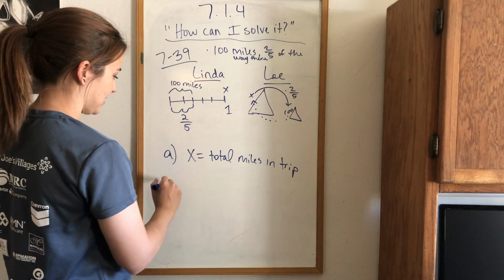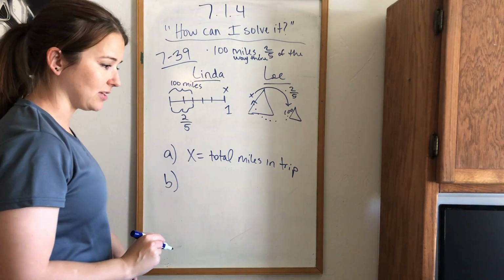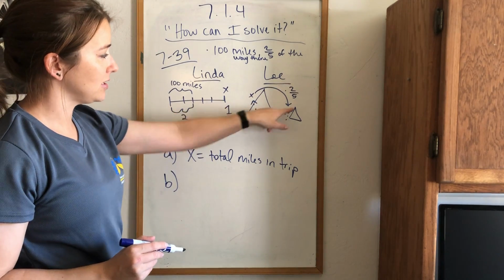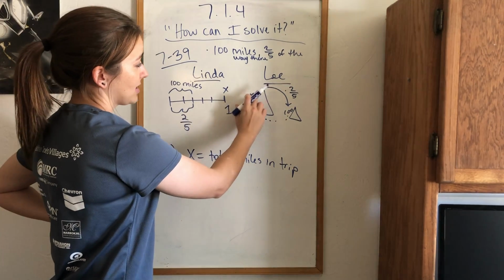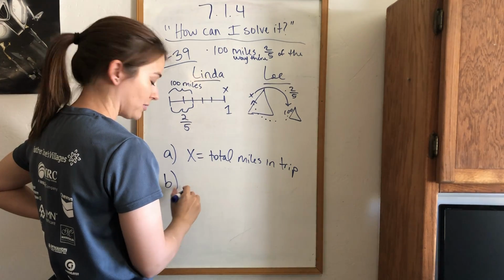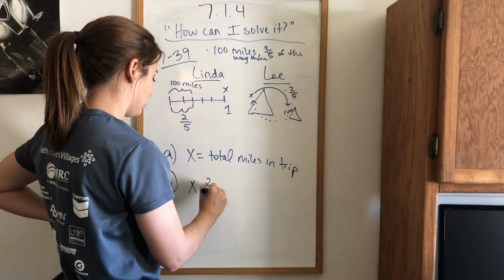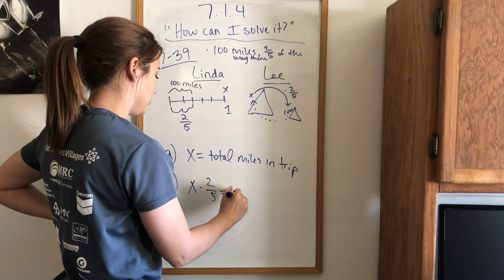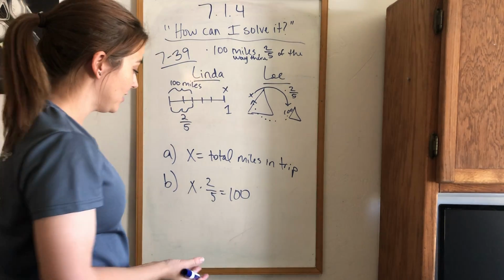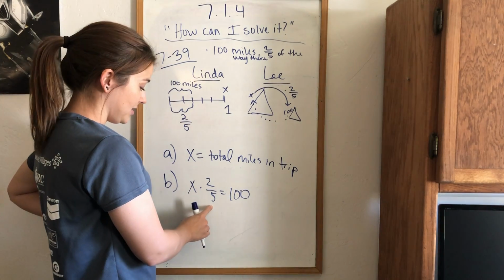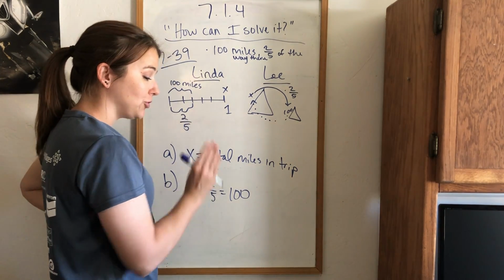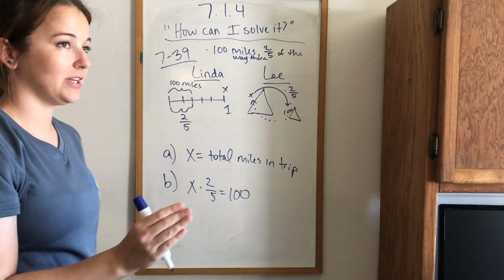So then part B says what equation could represent this situation? And the triangle part kind of gives you a hint. It's saying, well, X times 2/5 will give you 100. So that is what I'm going to write. X times 2/5 equals 100. This is also the same thing as saying 2/5 of what number is 100?